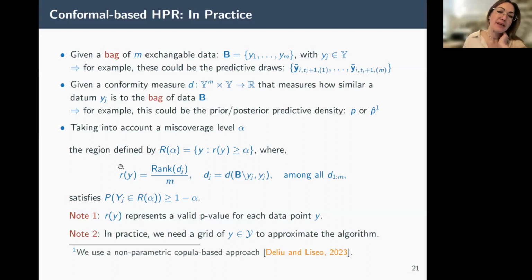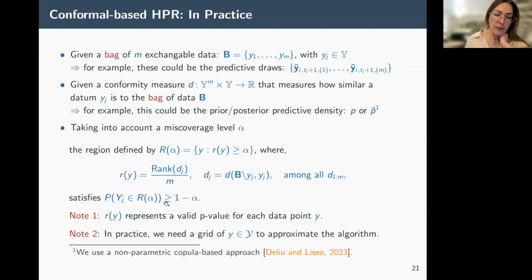And when I said it has some characteristics, one of the characteristics given by this value here is that it represents a valid p-value. Indeed, it is a rank over all the different conformity distances.